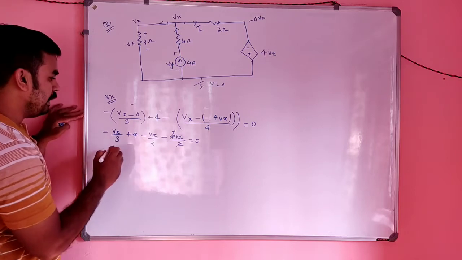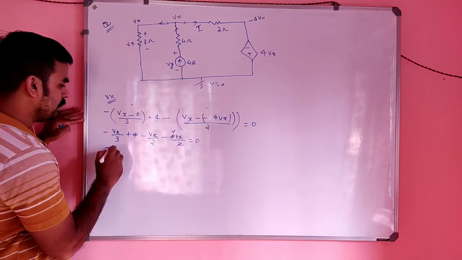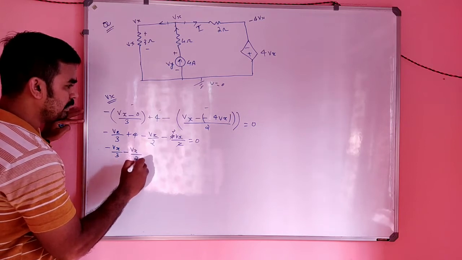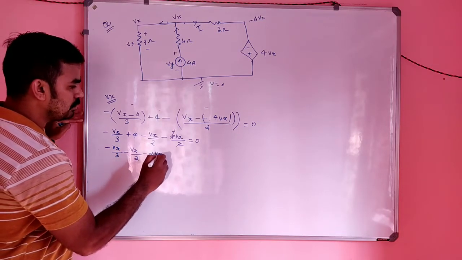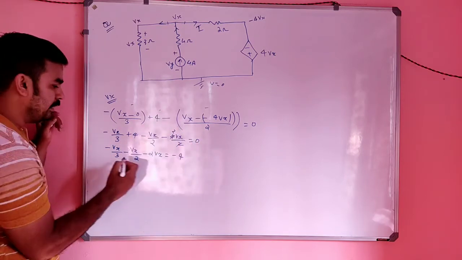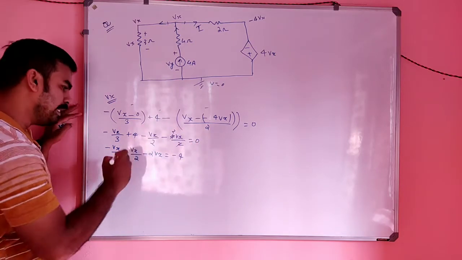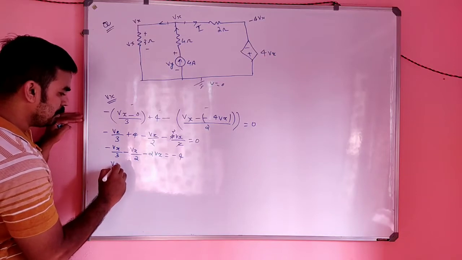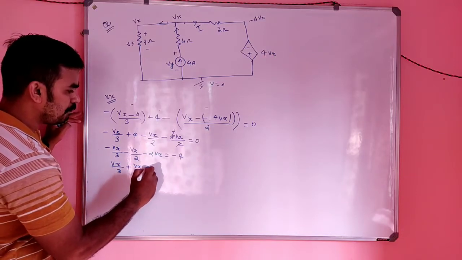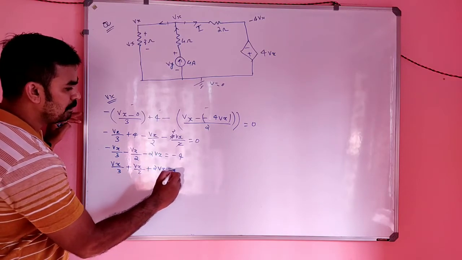Or it will be like this: minus Vx by 3 minus Vx by 2 minus 2Vx equal to minus 4. Plus 4 moves to the other side, it becomes minus 4. Taking minus as common, it will simply be Vx by 3 plus Vx by 2 plus 2Vx equal to 4.